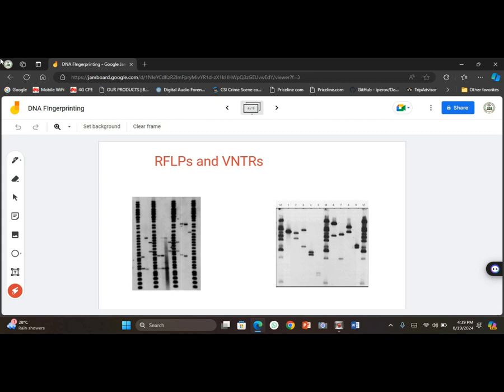Then after the soaking procedure, the nylon membrane contains the same pattern of DNA as occurred in the original gel. The same pattern of DNA sequence will be transferred to the nylon, because it has been on it over the night.